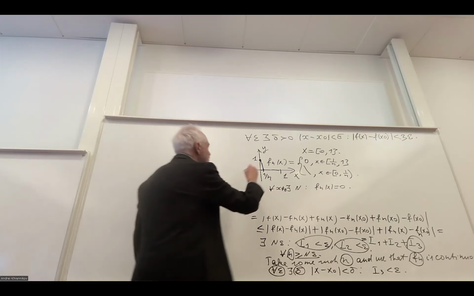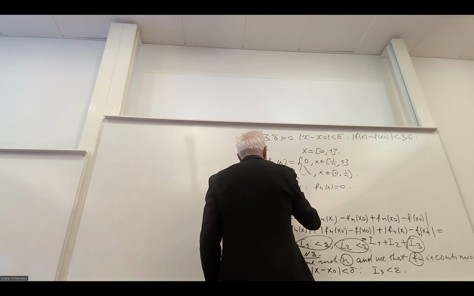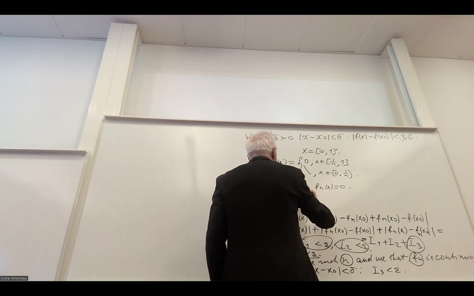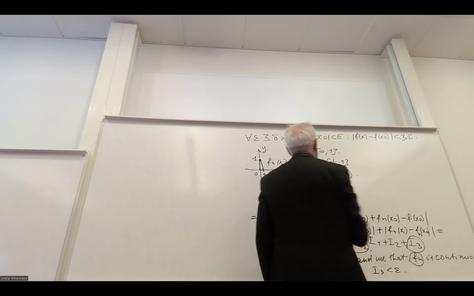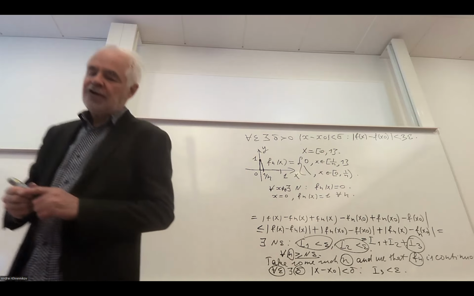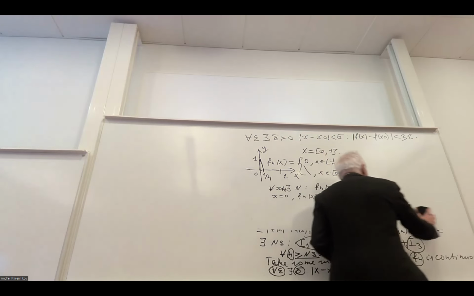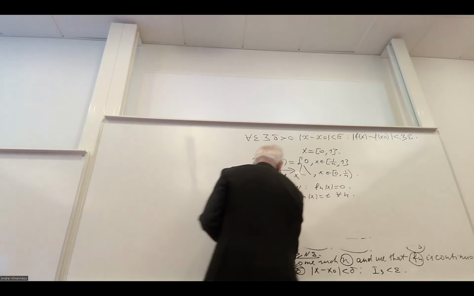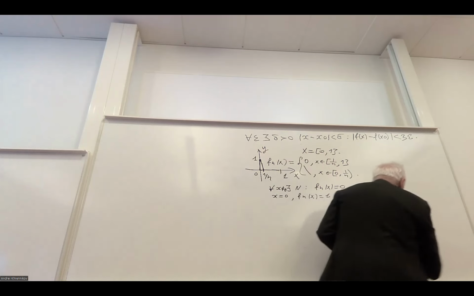And if you are at the point 0, all our functions are always 1. For x equal to 0, f_n(x) is equal to 1 for any n. So this means that our sequence converges pointwise.